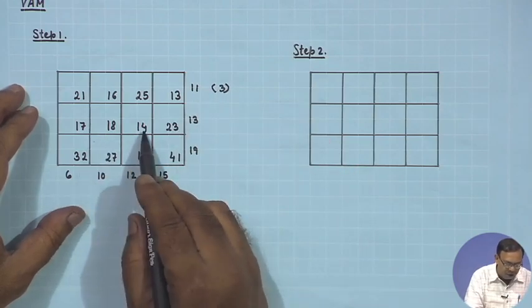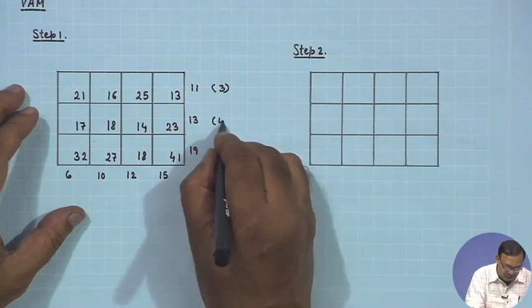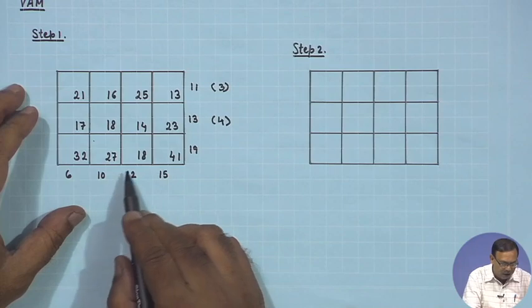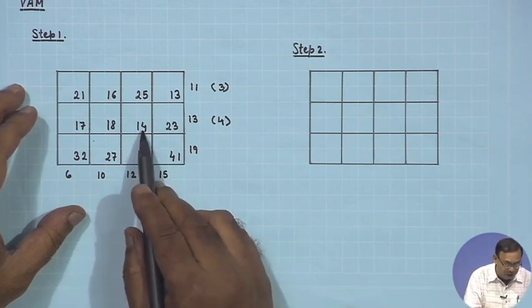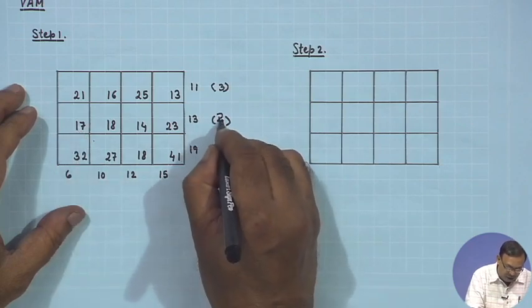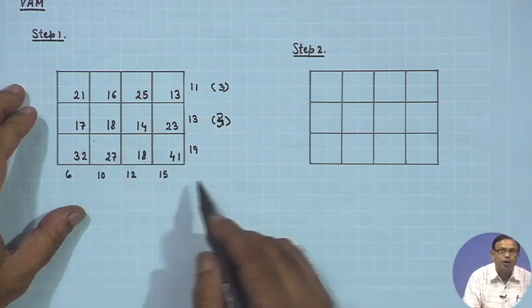Similarly, for this row, smallest is 14, second smallest is 18, difference is 4, 18 minus 14. Then for this row, the smallest is 14 and second smallest is 17. So, here it is 3, not 4, 17 minus 14.